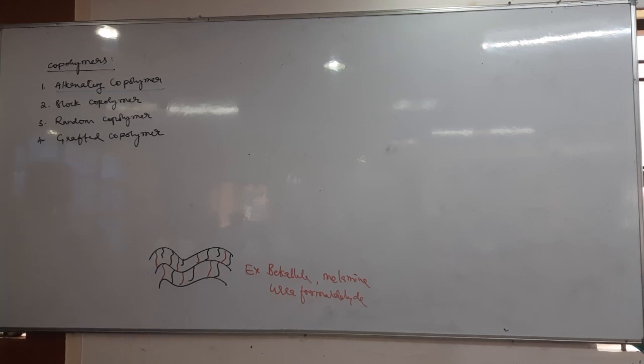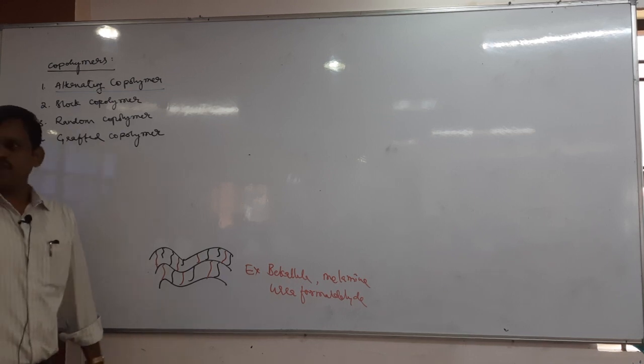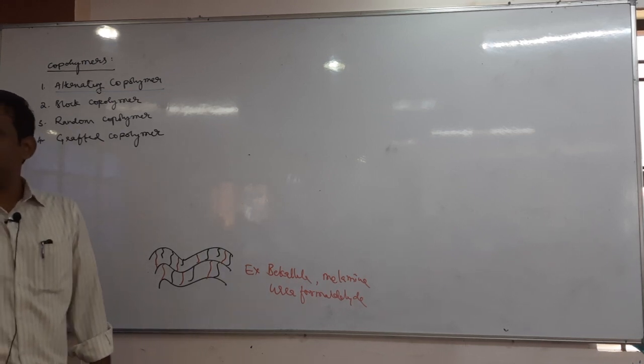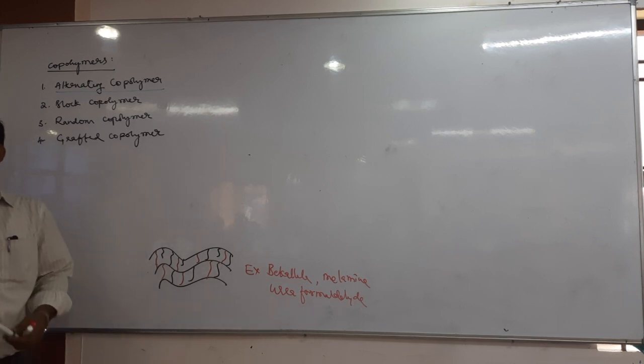So the first one is alternating copolymer. The name itself gives the meaning. What is the meaning of this?